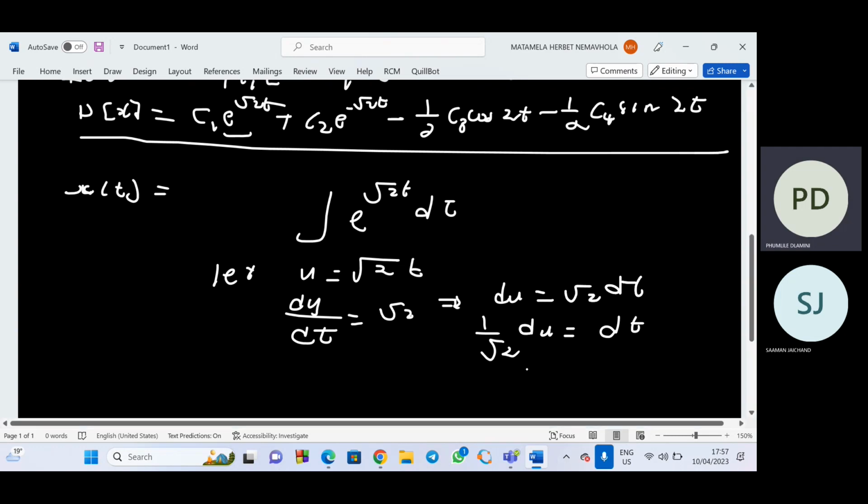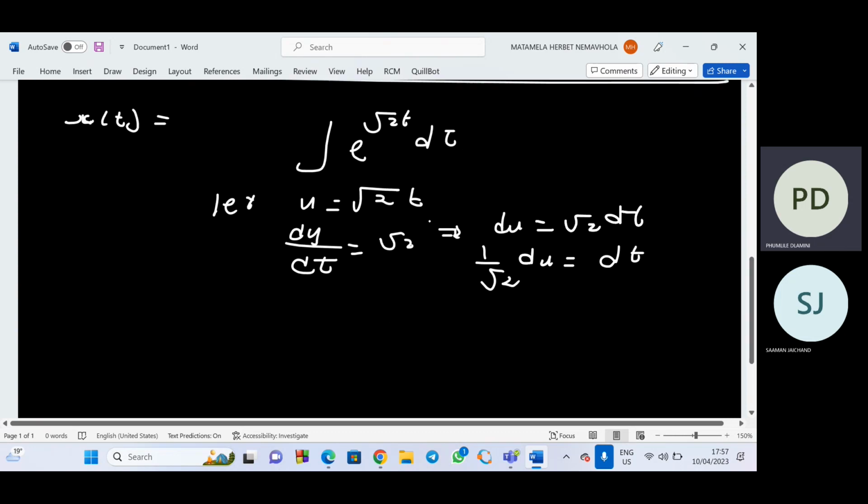Then when you have this one here, you can substitute back. We can say integral of e to the power square root of 2t. We write it as e to the power u, because we let square root of 2t equal u. But our dt now is going to be equal to 1 over square root of 2 du.